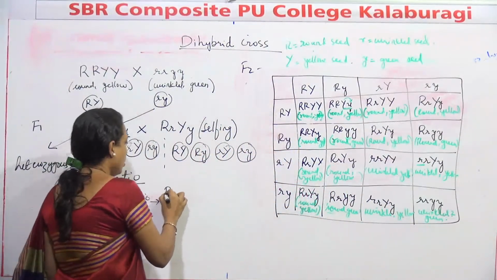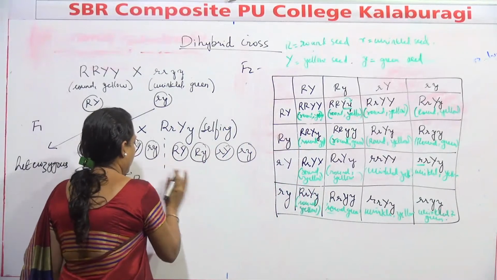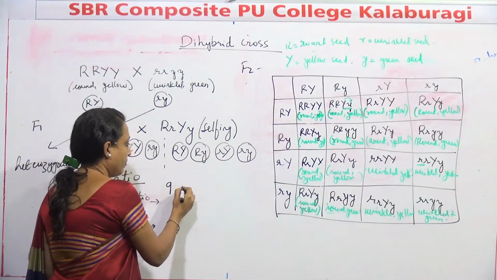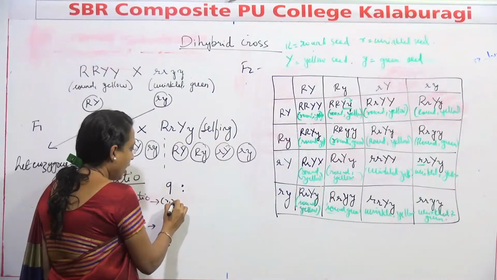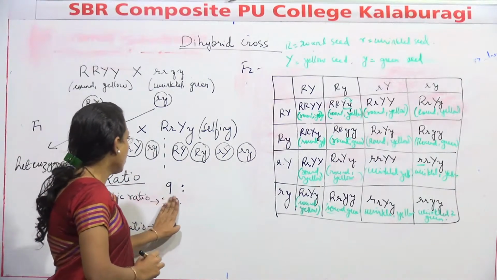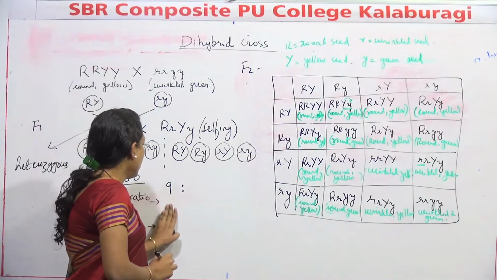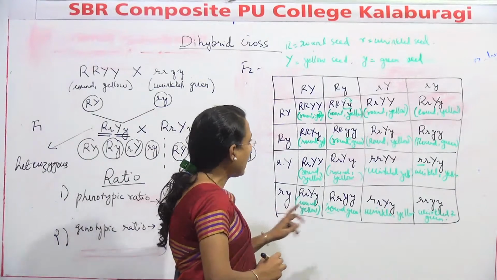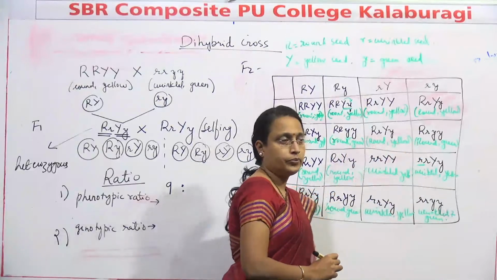So 9 of them are round and yellow. Next, round and green will be 3.